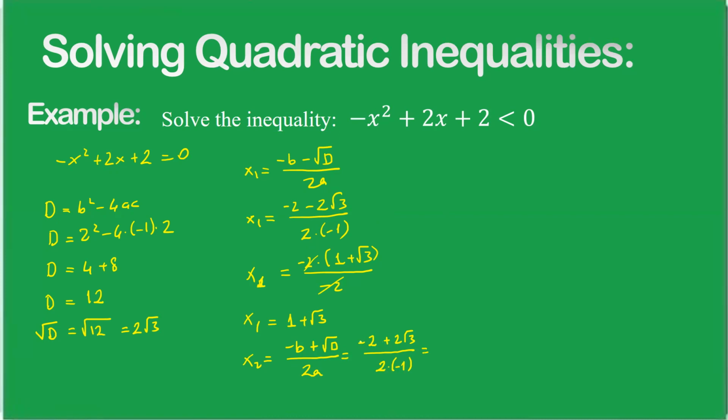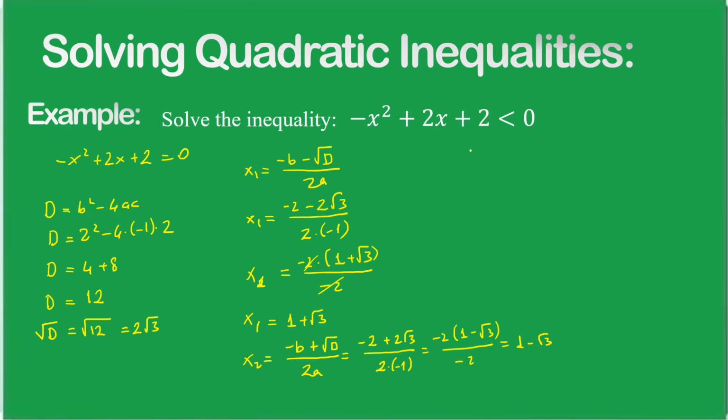Again, let's factorize with minus 2, so it becomes 1 minus square root of 3 over minus 2. Cancel them out, and the result is 1 minus square root of 3. As you see, the roots are symmetric: 1 plus square root of 3, and the other one is 1 minus square root of 3.